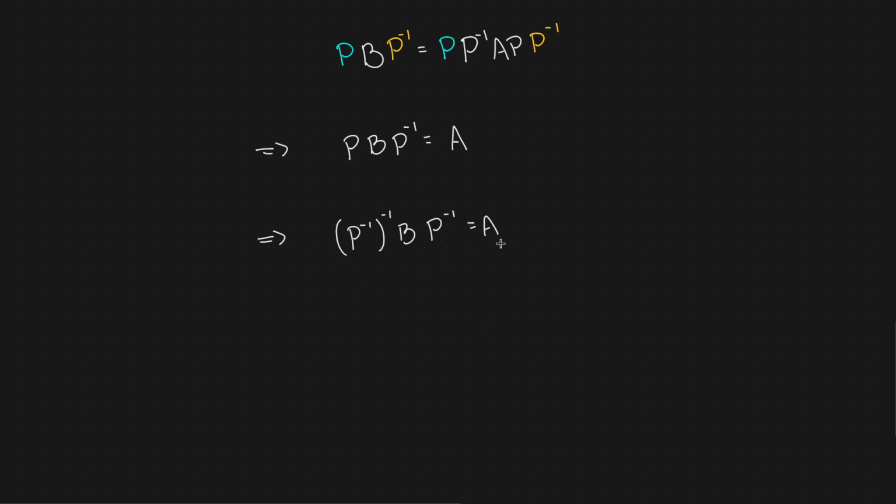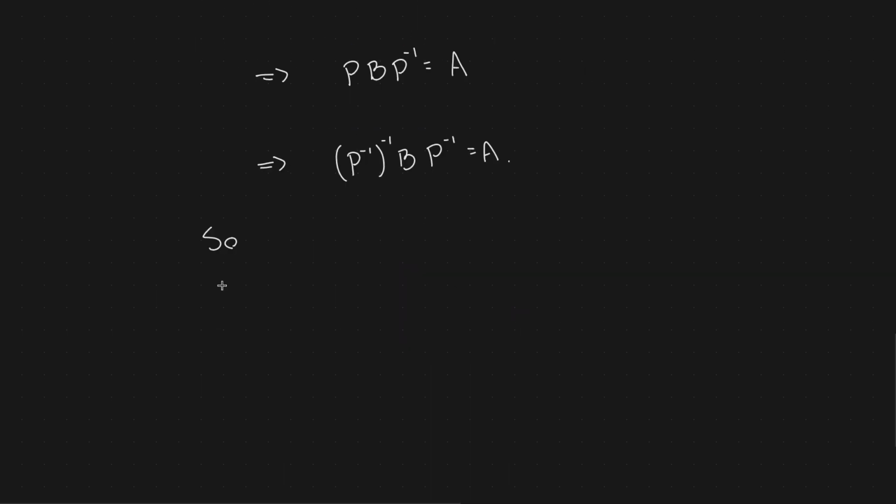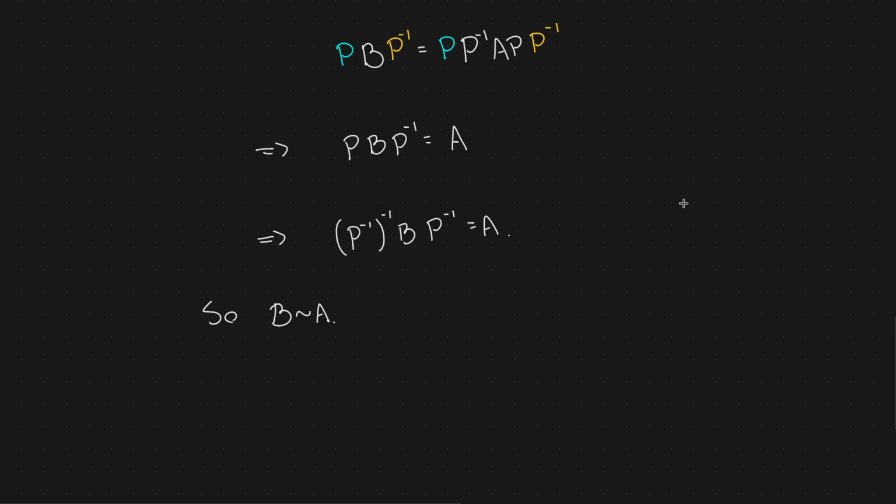So, let's see, that was A is similar to B, so B is similar to A. Okay? So from this point on, if I say A is similar to B or B is similar to A, you could think of it as being the same thing.